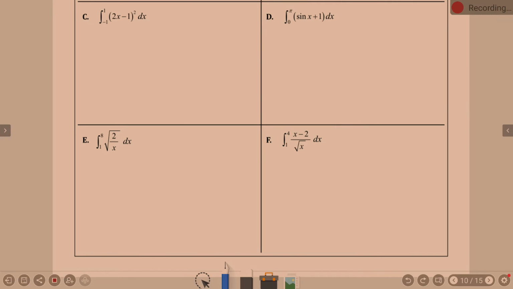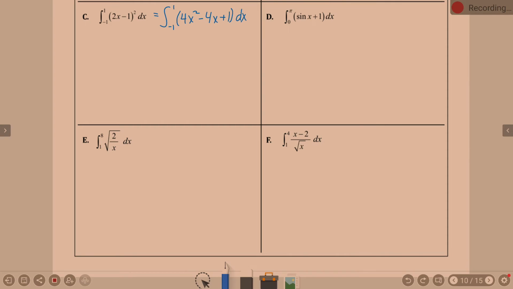I'm not saying you'd have to. You could integrate it as is, you just have to watch out for a chain rule. But a better thing to do is going to be FOIL it out. So if I take 2x minus 1 times 2x minus 1, I'm going to end up with the integral from -1 to 1 of 4x squared minus 4x plus 1, assuming I did my math correctly.